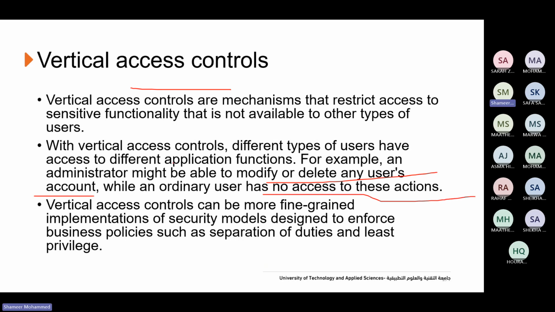The administrator can modify or delete the user account, but not the opposite, because the user does not have the permission to delete the admin's account or their own account. Are you getting it, students? Are you listening to me? Are you understanding? This is vertical access control I am explaining.